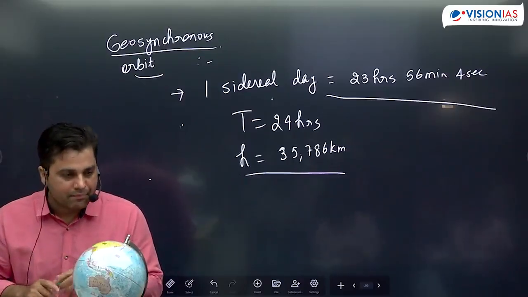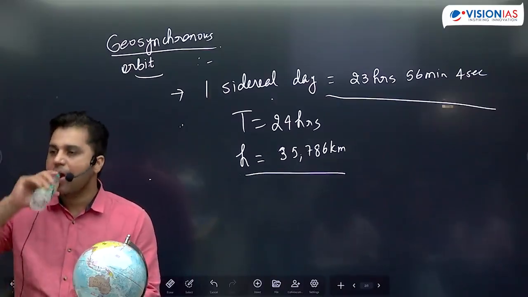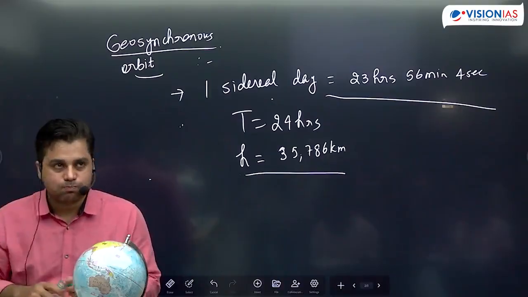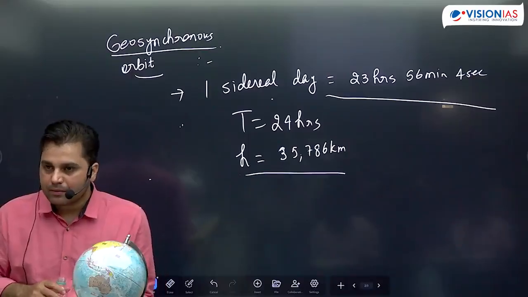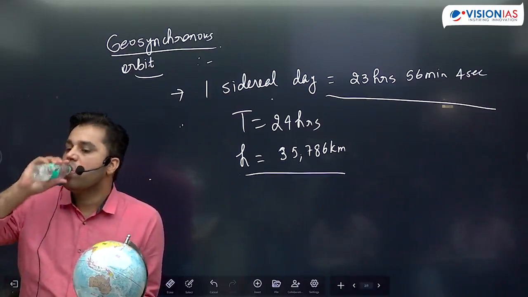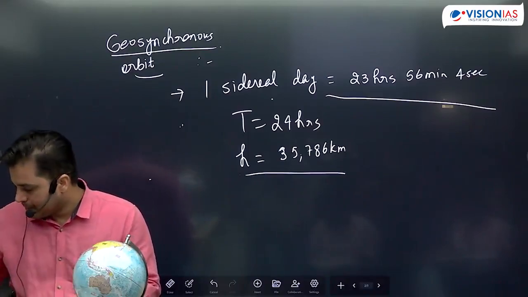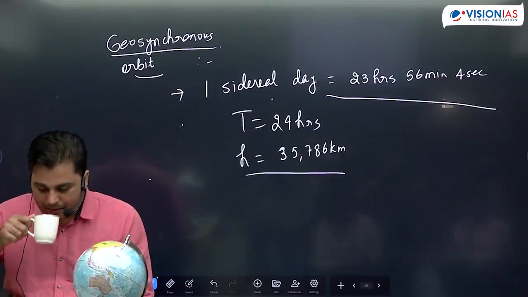Such orbits lie at the height of 35,786 kilometers.